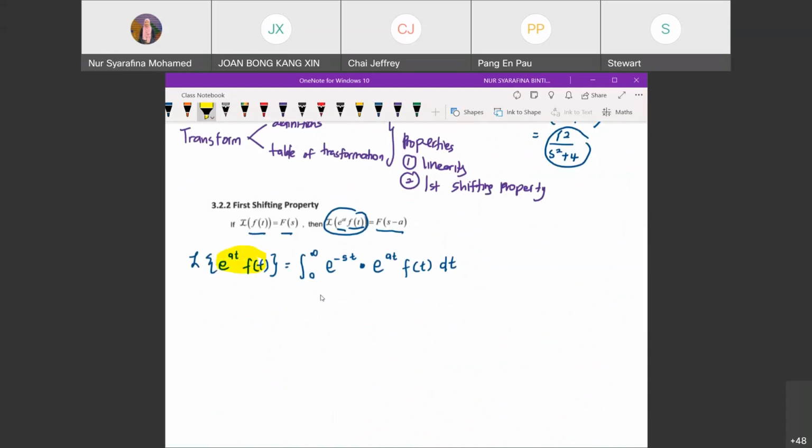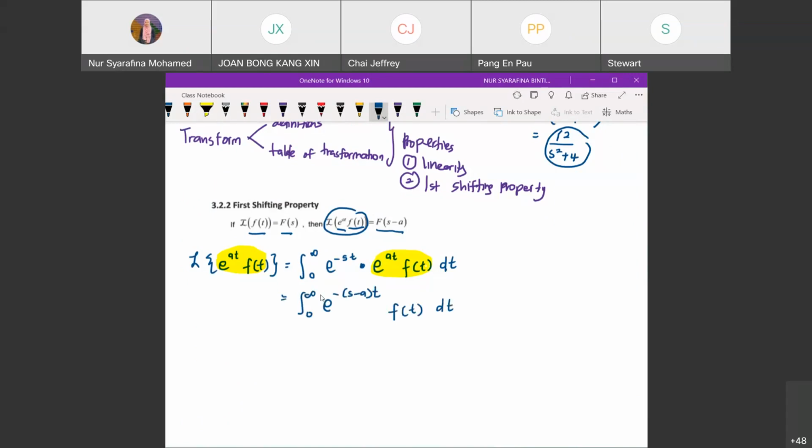So by definition, this is exponent minus st times with f(t). So now integrate this, it'll give you what? This one is from 0 to infinity. This one becomes minus (s minus a)t, f(t).